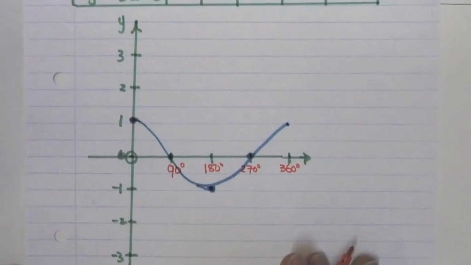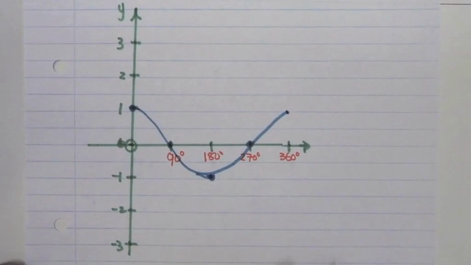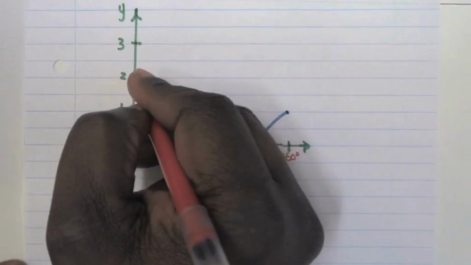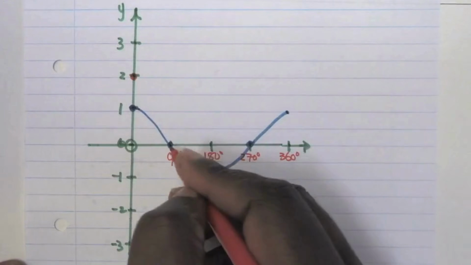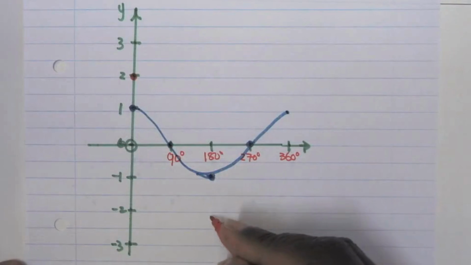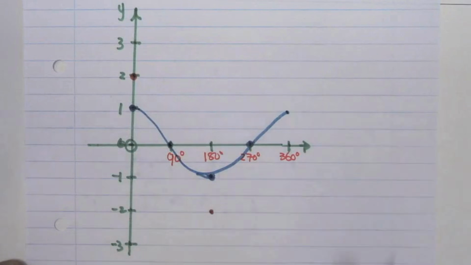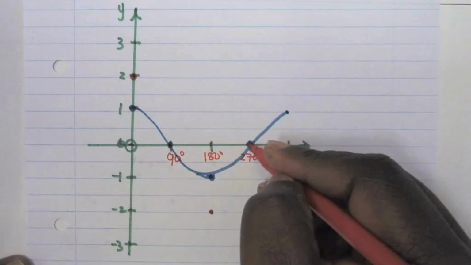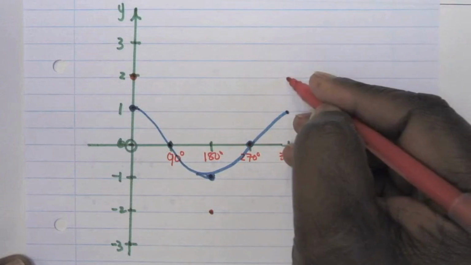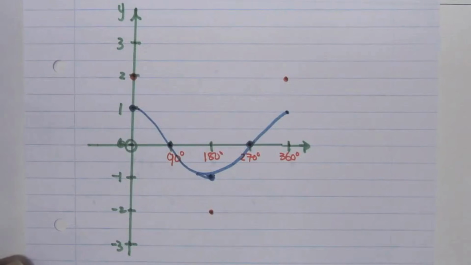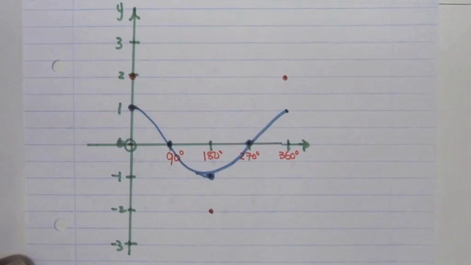And I go to my graph. I'm going to plot the points. It is starting at +2. It comes to 0. Then it comes here to -2. Then at 270, it's 0. Then at 360, it's at 2. Having done that, I now join my points freehand.